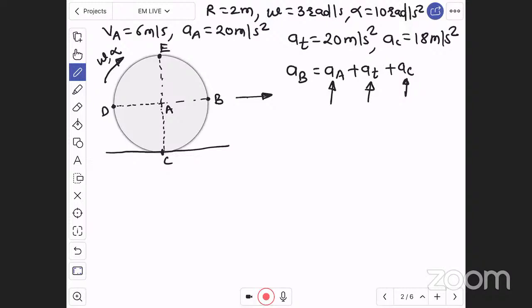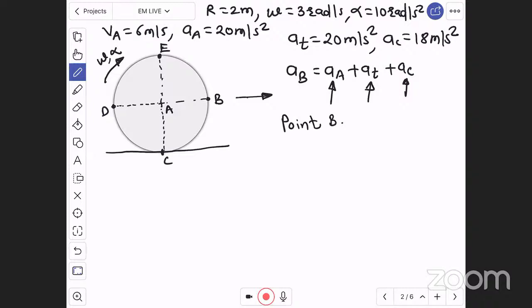Now let us find for each and every point. Now if I want to find for point B, I will consider point B, and for point B, we are going to find total acceleration, right.